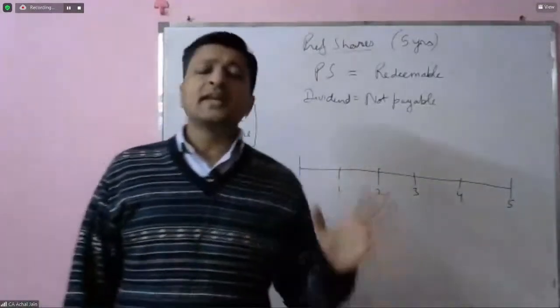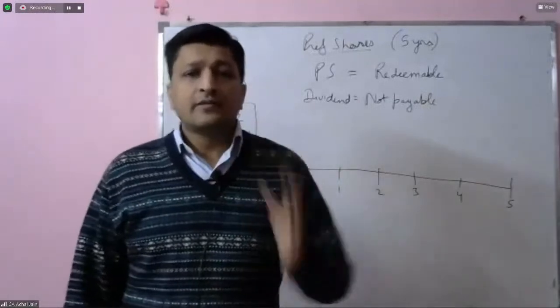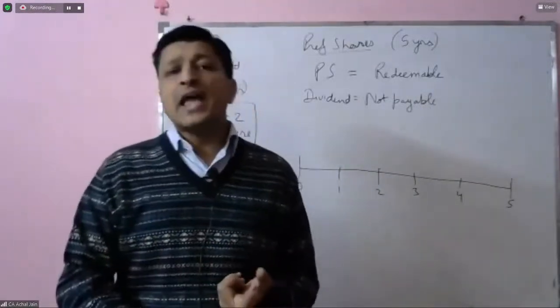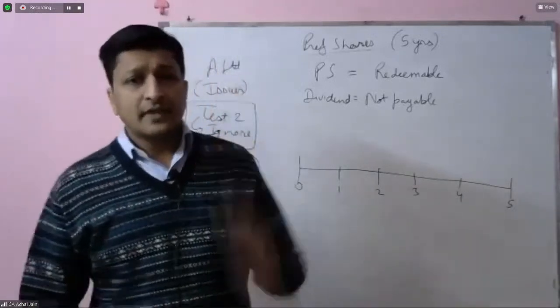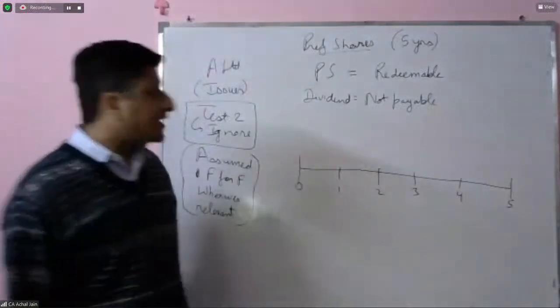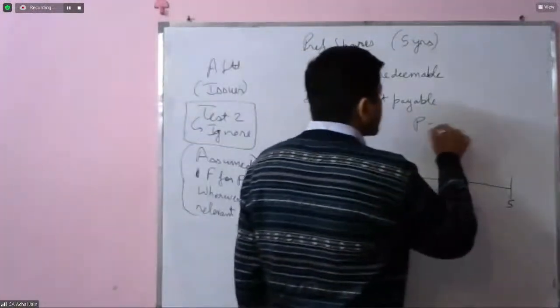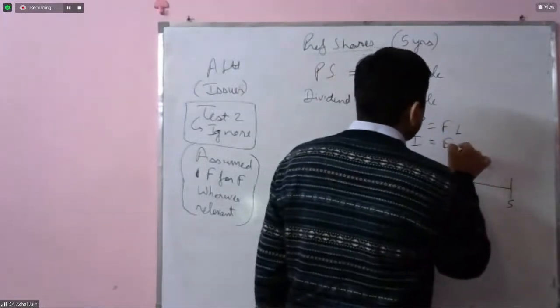That initial recognition has to be at fair value. For a financial liability, what will be the fair value? Present value. Now in this instrument we are saying principal is financial liability and interest is equity.